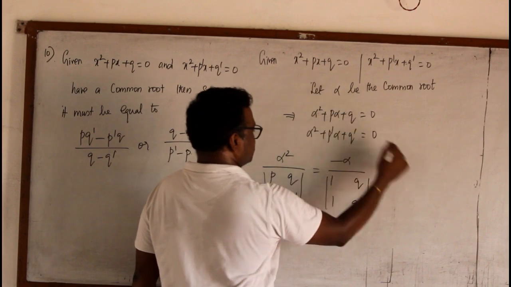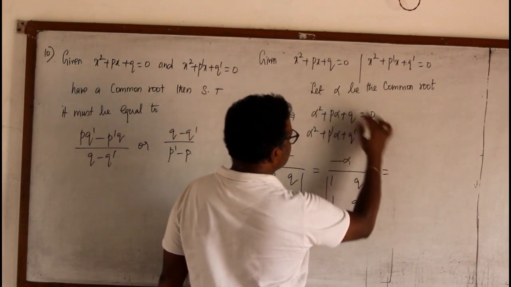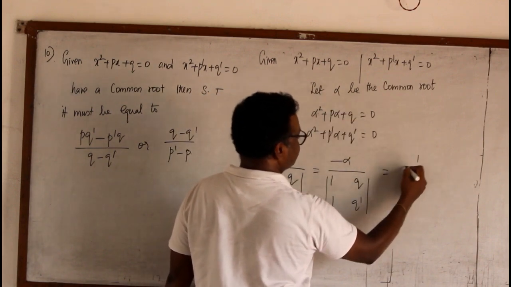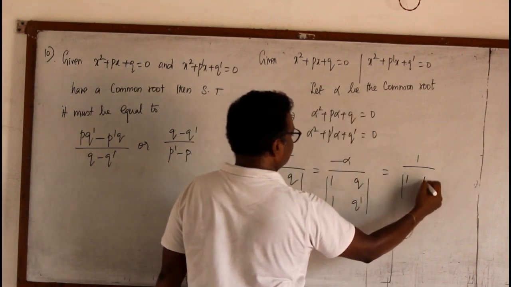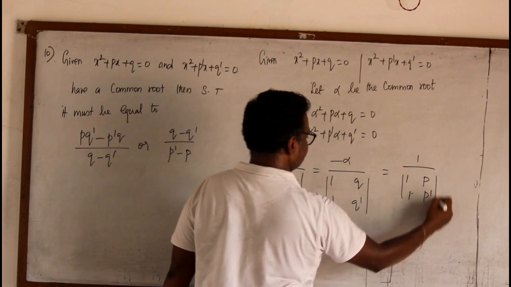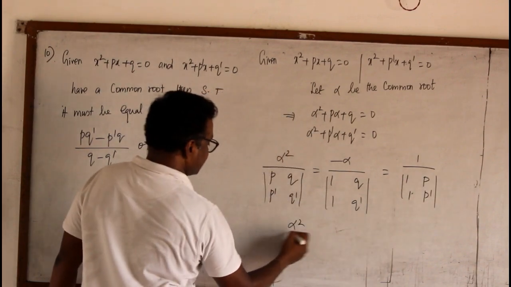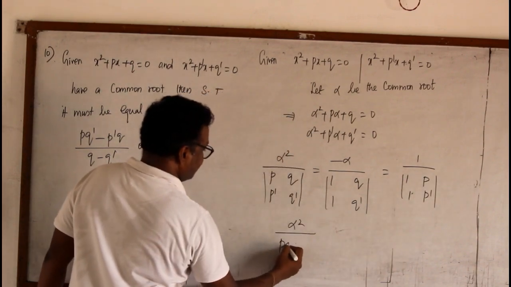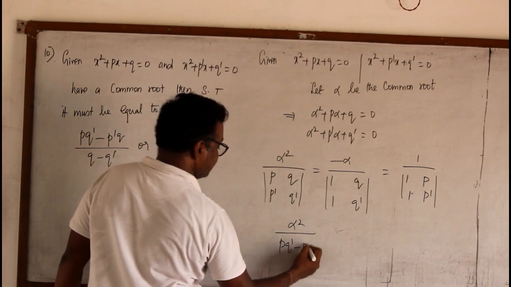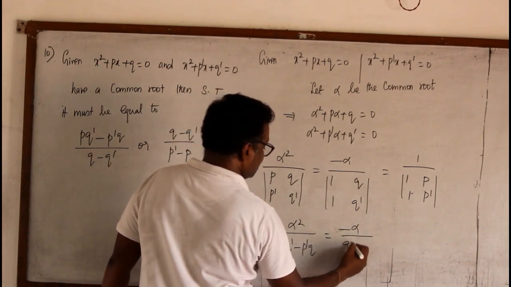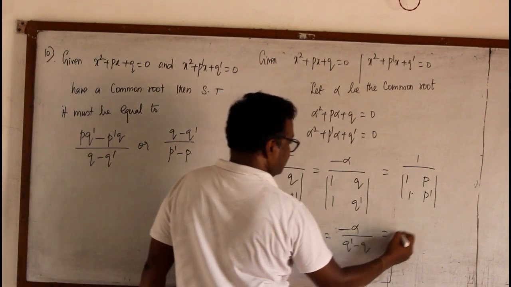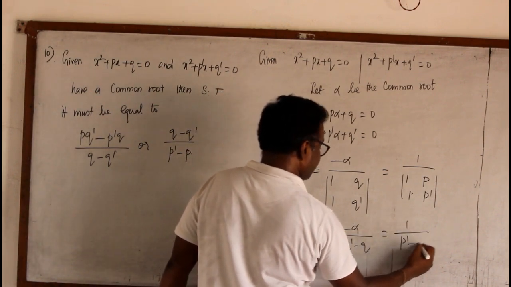Then finally there is no constant coefficient, so I can take only the constant term. The constant term is 1. Then omitting this q, it is 1, p dash. So this is alpha square by pq dash minus p dash q, and this is minus alpha by q dash minus q. This is 1 by p dash minus p.